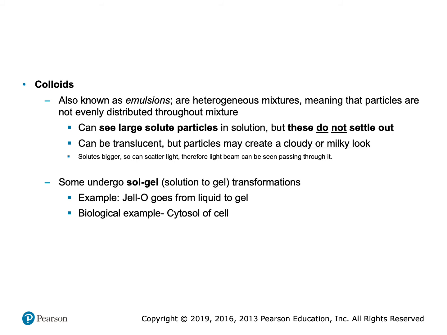It's liquid at first, but it can transform, if you change the temperature, into a gel. The colloid that we talk the most about in A&P is cytosol. That is the stuff that all the little organs, the organelles, are floating in. We'll get into that in a little while. We have other colloids too that we touch on in A&P.